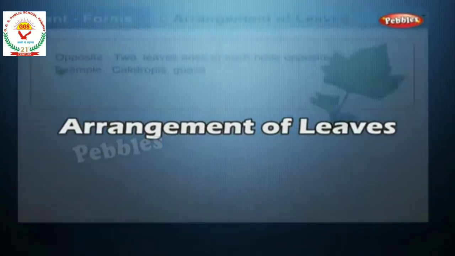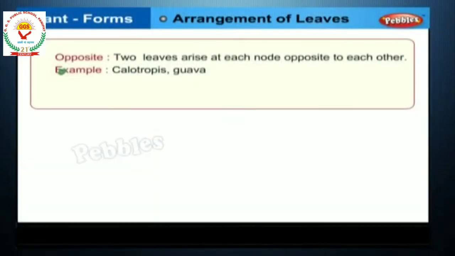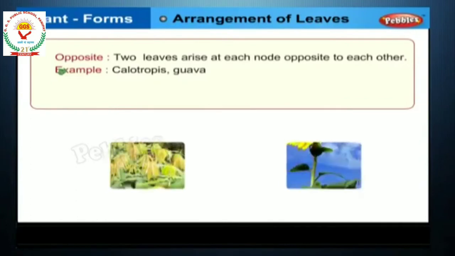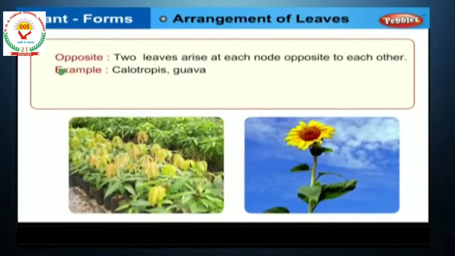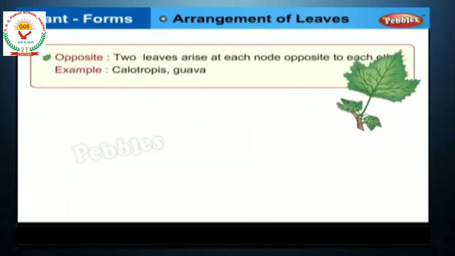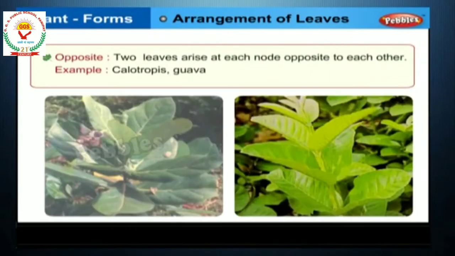Arrangement of leaves. Three types of leaf arrangement are commonly noticed in plants. They are alternate: a single leaf arises at each node and on opposite side of the previous leaf. Example, mango, sunflower. Opposite: two leaves arise at each node opposite to each other.